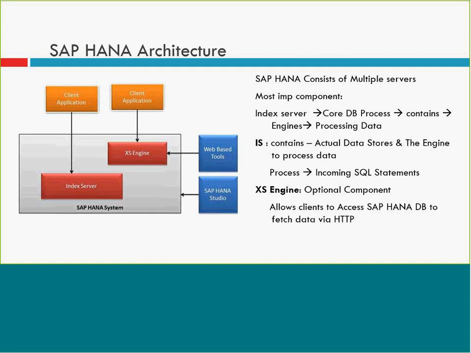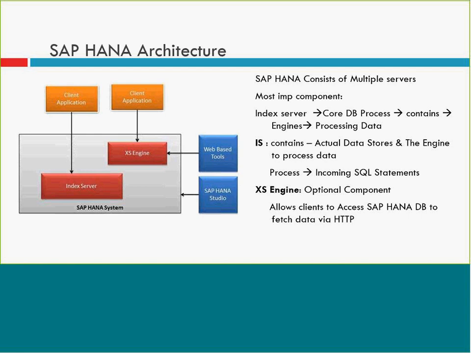the SAP HANA database is developed in C++ and runs on SUSE Linux Enterprise Server. The SAP HANA database consists of multiple servers, and the most important component is the index server. Here you can see in the system there is an index server. This index server represents the core data processing.